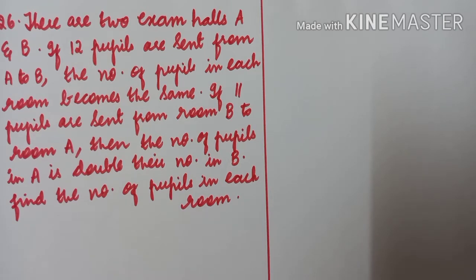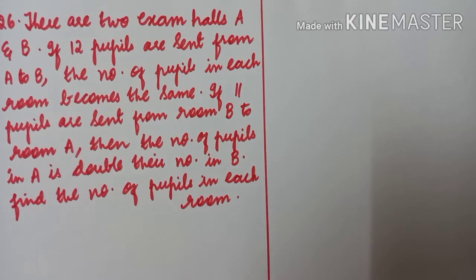Actually we don't know the total strength over here, we are just assuming. So now we know that from A something is getting subtracted. So 12 members are being subtracted from exam hall A. That means whatever is the strength of B, in that 12 members are being added, right?